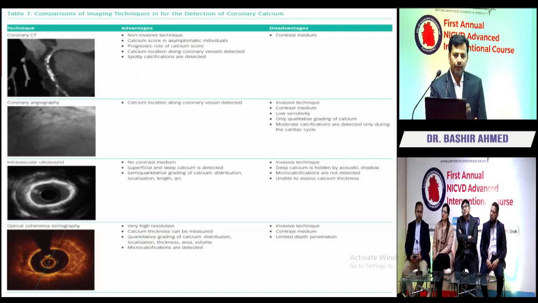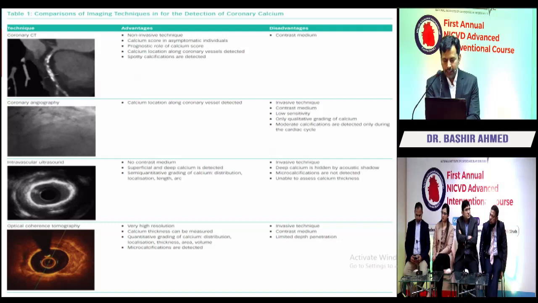Regarding the quantification of coronary calcification, OCT has an edge on the IVUS, because intravascular ultrasound semi-quantitatively grades the calcium distribution, localization, and length, but the OCT can quantitatively grade the calcium distribution, localization, and thickness, and all are detected.